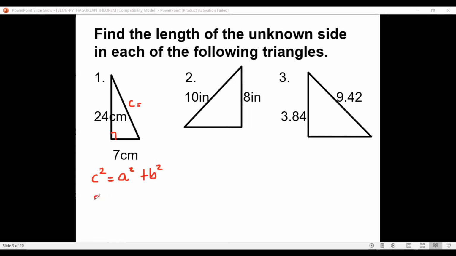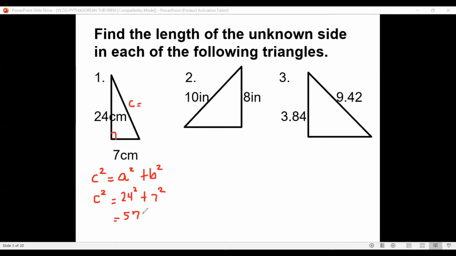So again, c squared is equivalent to 24, the altitude of the right triangle, raised to the second power, plus b, which is 7 in this case, raised to the second power. When you get the product of 24 times 24, the answer is 576.